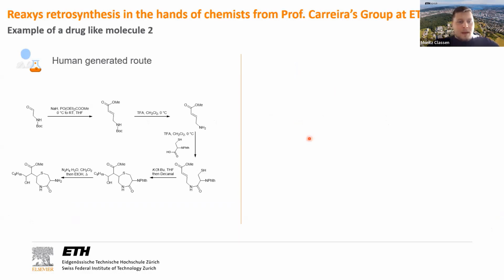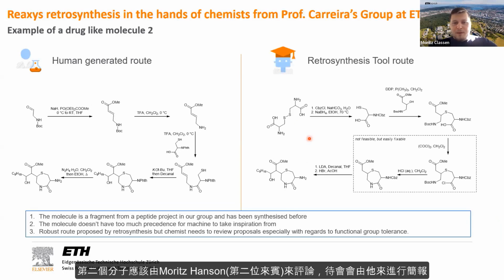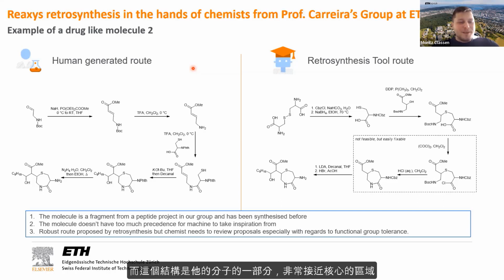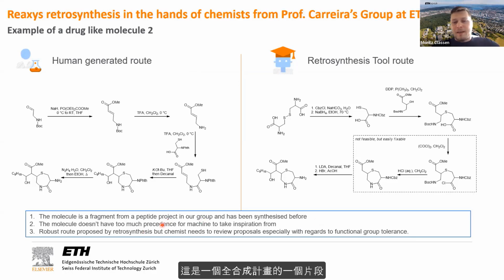So the second molecule is actually a molecule where probably Moritz Hansen would be the person that should talk about this the most, but he has his part of the presentation later on. This is part of a molecule that I would say is very close to his heart. It is sort of a fragment of a total synthesis project that has been going on in our group by Moritz Classen and still to this date goes on.